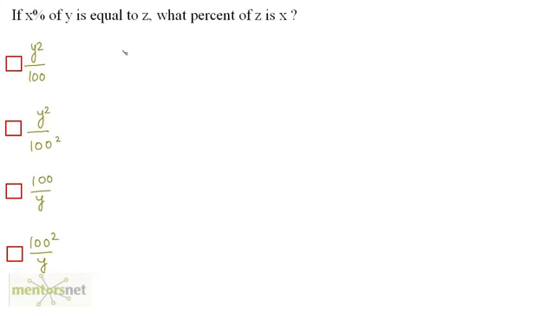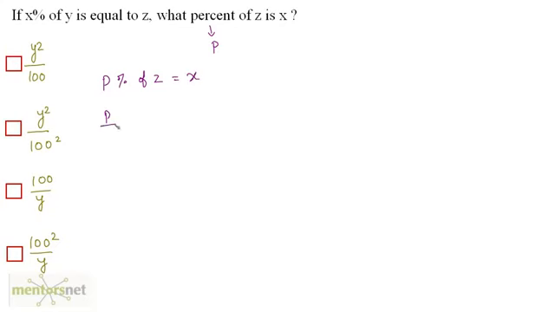If X% of Y is equal to Z, what % of Z is X? So we have been asked what % of Z is X. Let us assume that this percent be P. So P% of Z is X. So we have P% of Z is equals to X, right?